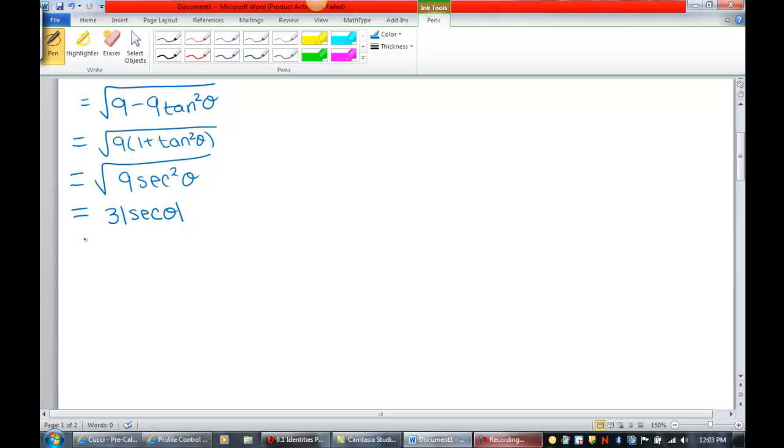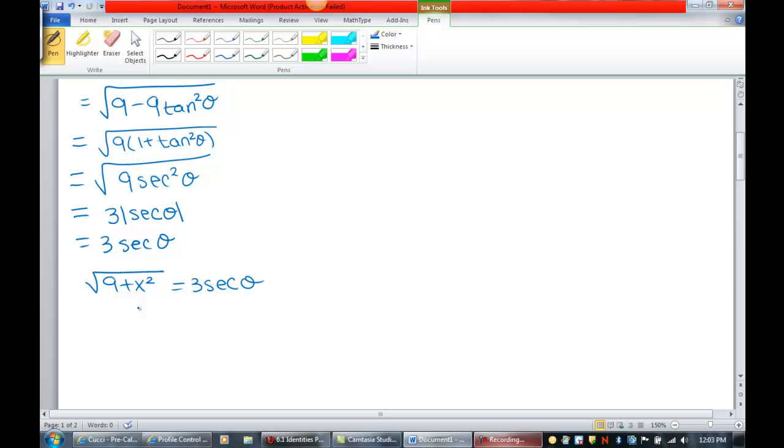Okay, so this equals 3 secant theta. Okay, so we can express the square root of 9 plus x squared as 3 secant theta.